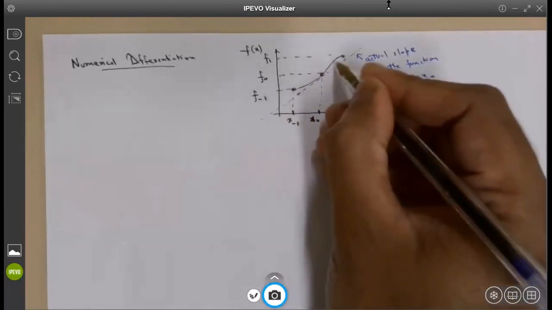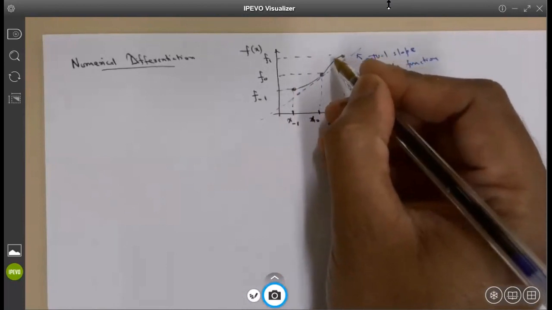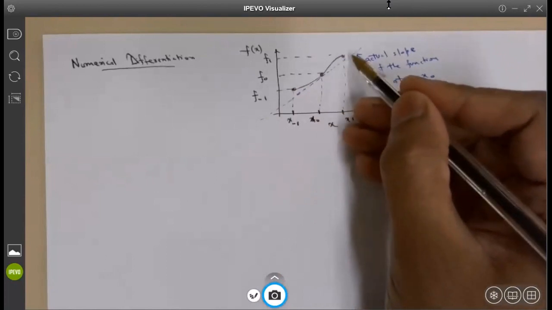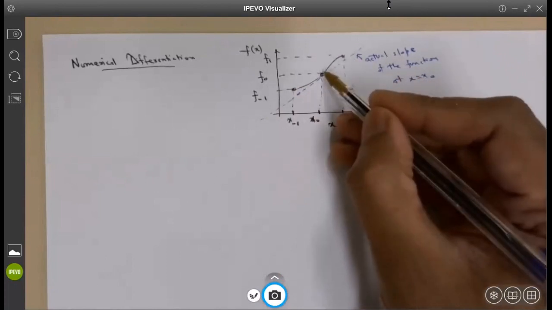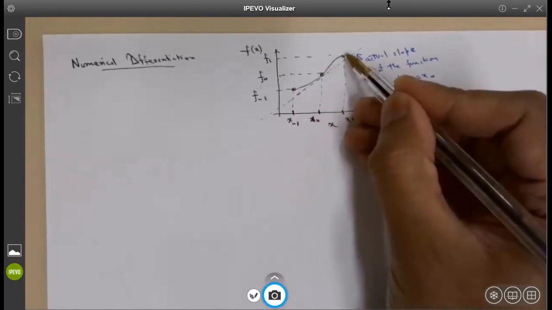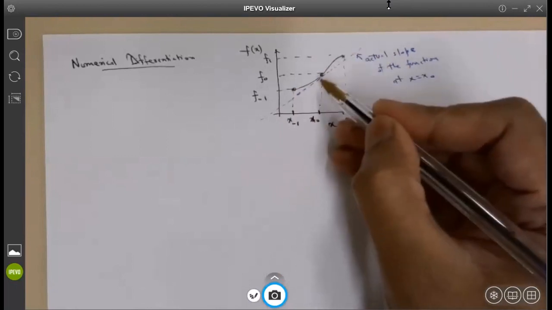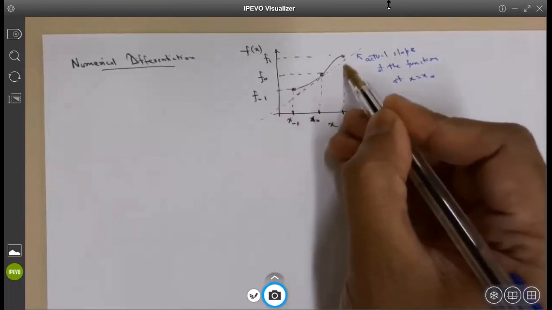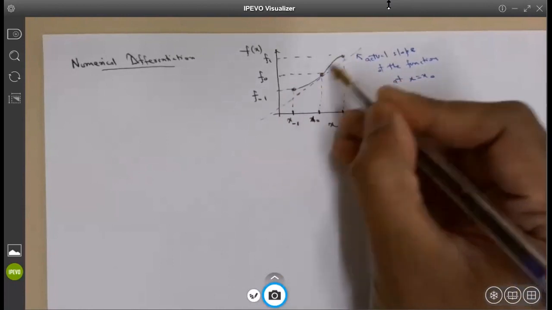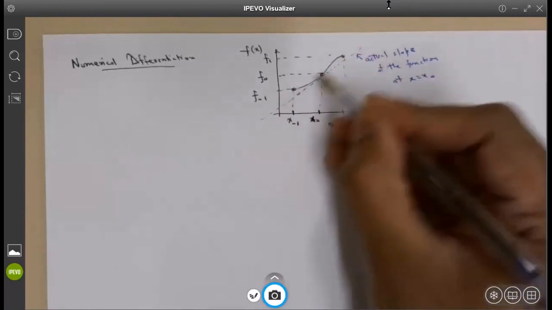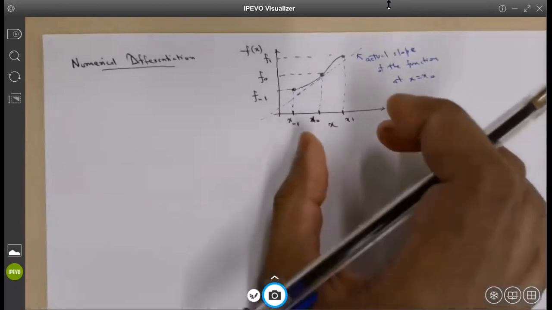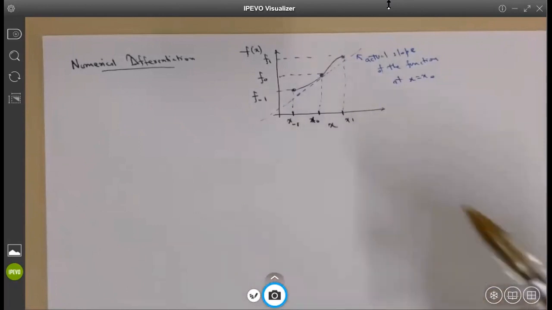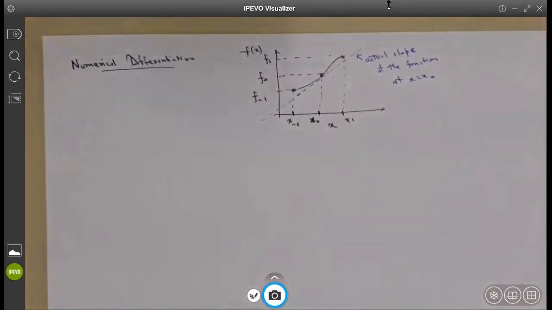But since I do not know the exact function, I have no way to determine this actual slope. So instead, I can approximate this slope by using these two data points and passing a straight line through them, or I can use the neighboring data points and pass a straight line through them and say that will be my slope. So that is the graphical or intuitive reasoning behind the numerical differentiation technique.